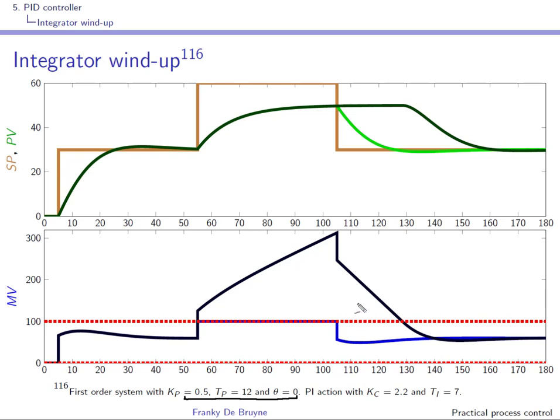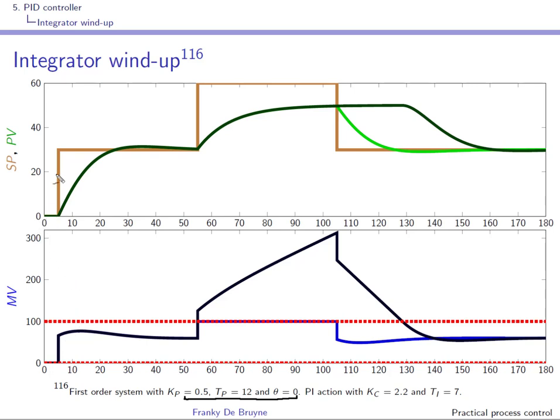And this second closed loop response with the darker colors, dark green and very dark blue here, is a closed loop response with a PI controller where there is no limitation of MV whatsoever, right?